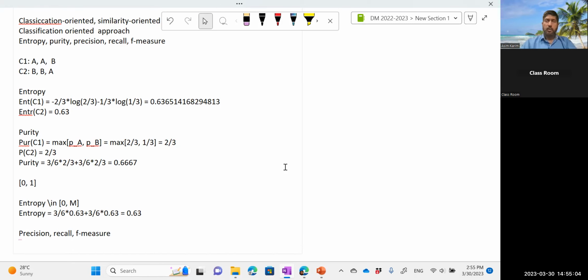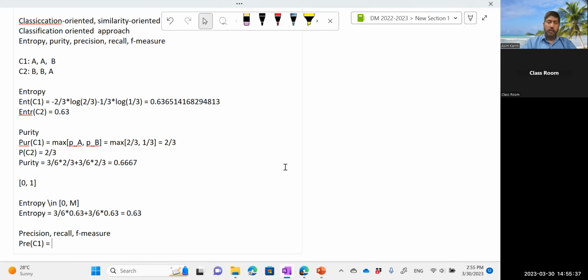Did we cover this before? Maybe we discussed it briefly. So what is precision? What is the precision of cluster C1? Cluster C1 has A and B. There are two A and one B, right? A and B are actually the true labels.